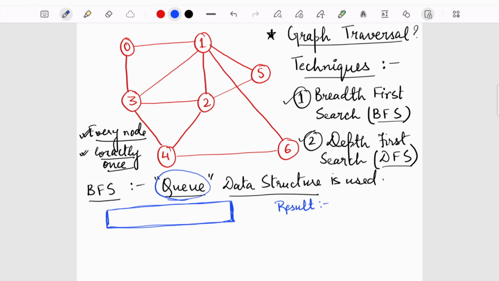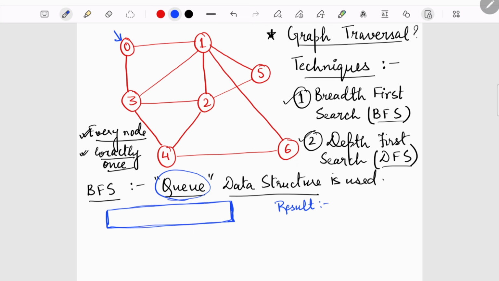Say for example, you take 0 as the root node. Now listen carefully. If it is not specified in the given question which is the root node, then you can assume any node as the starting node or the root node.